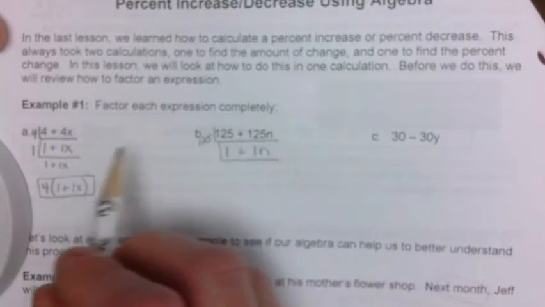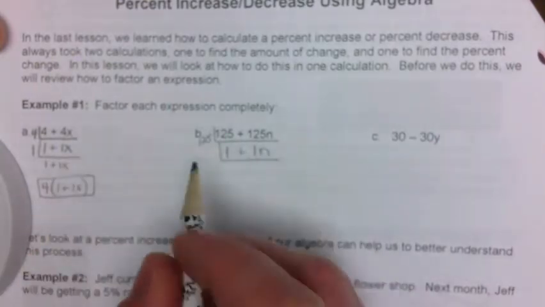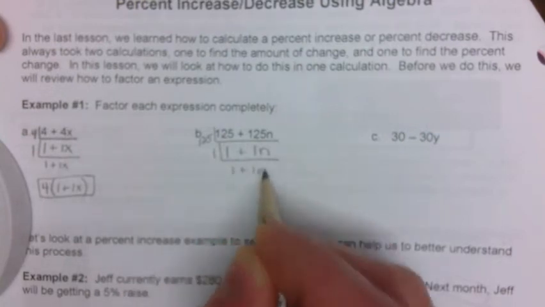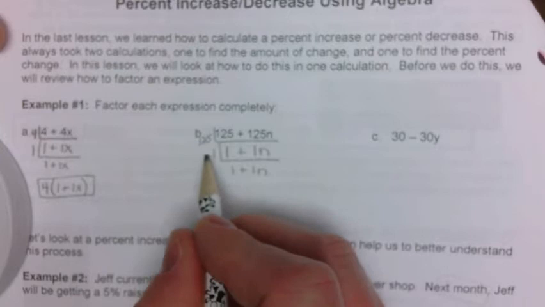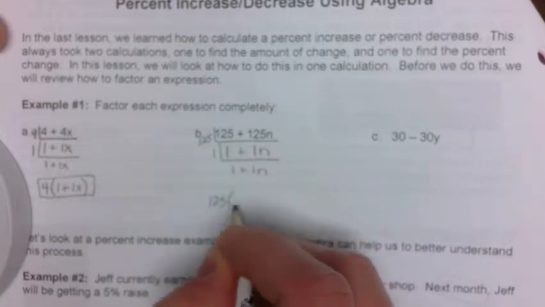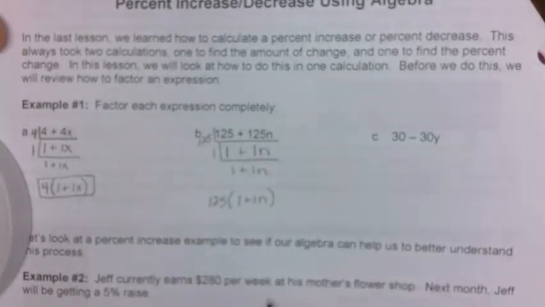This is similar to what we did over here. The only thing that's going to divide into 1 plus 1n is 1, which again gives us 1 plus 1n. So our GCF, 125 times 1 is 125, times at the bottom of the ladder, 1 plus 1n. And there's your answer in factored form.